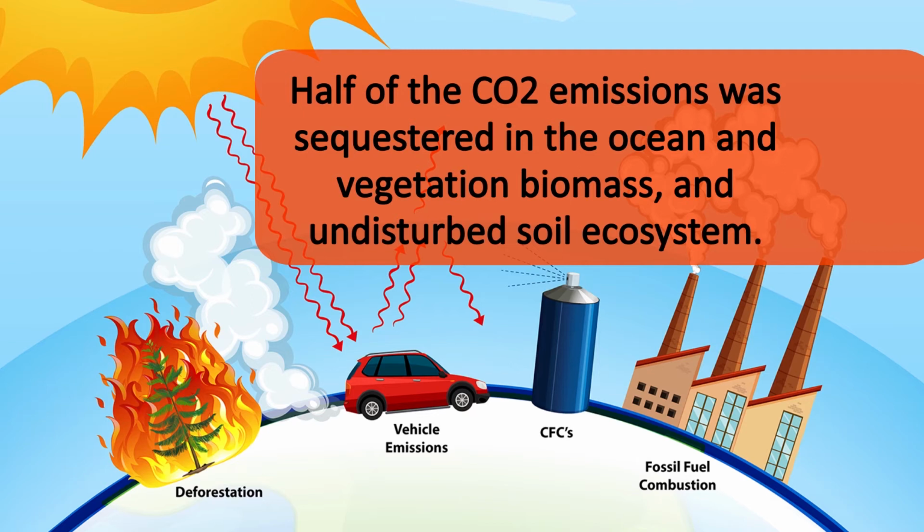As far as the carbon dioxide concentration is concerned, half of it has been sequestered in the ocean and also the vegetation biomass, because vegetation, through the process of photosynthesis, can sequester carbon dioxide. It's a significant contribution, that's carbon sequestration.